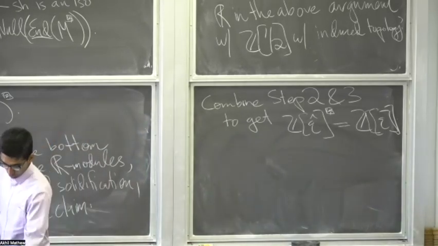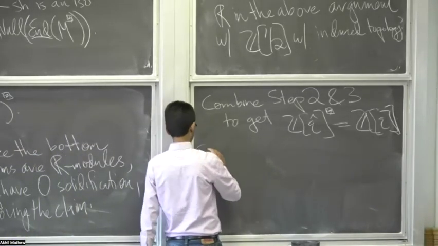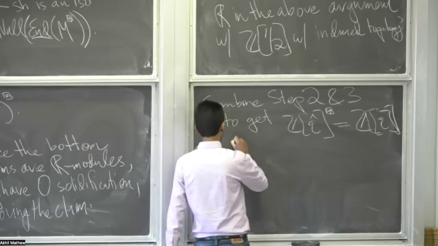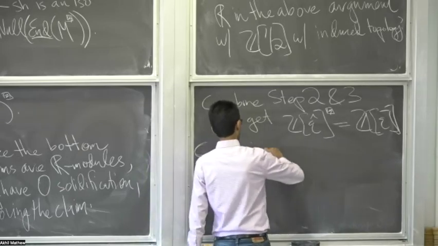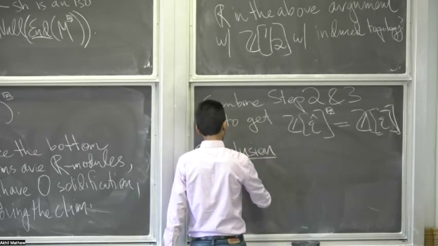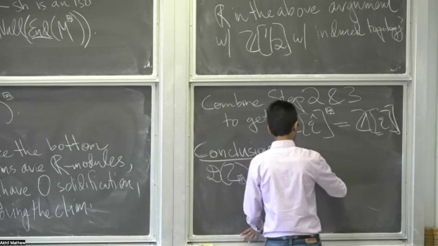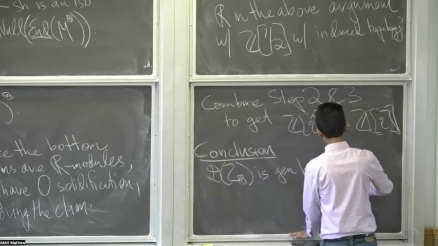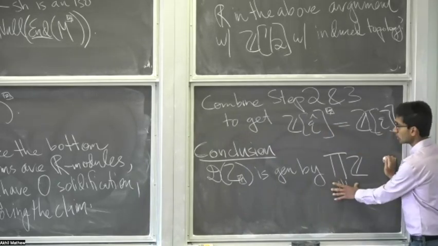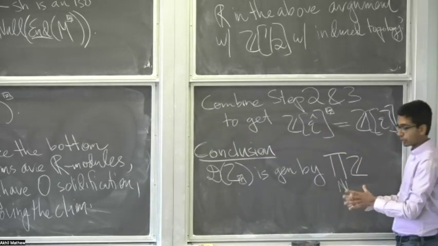Okay, so let me just say the conclusion is that this solid is generated by this countable product of copies of the integers, and also that the tensor product behaves the way that you want.